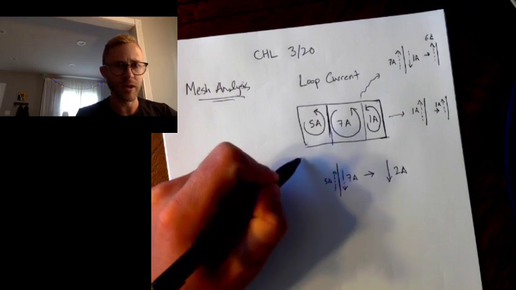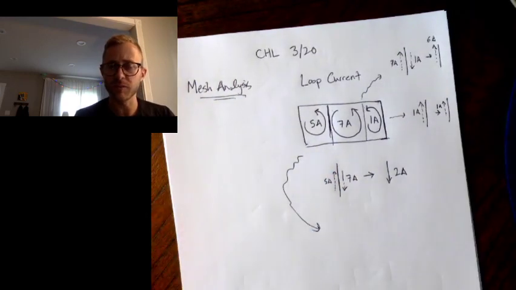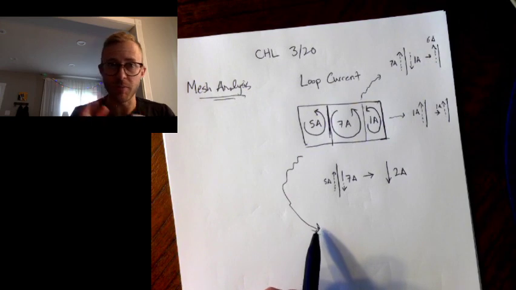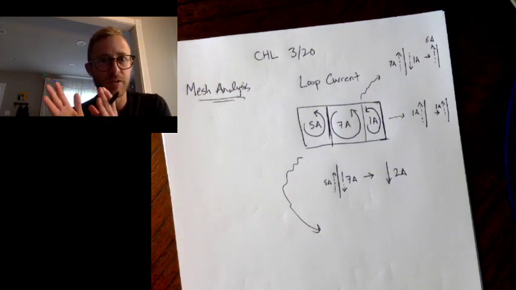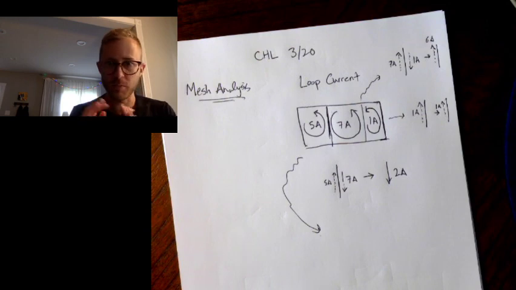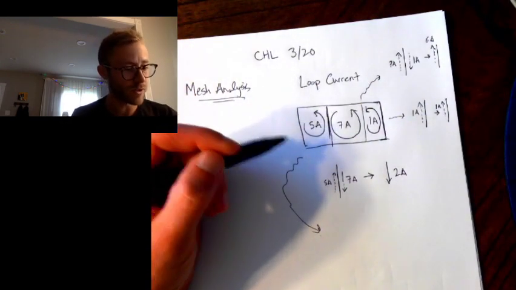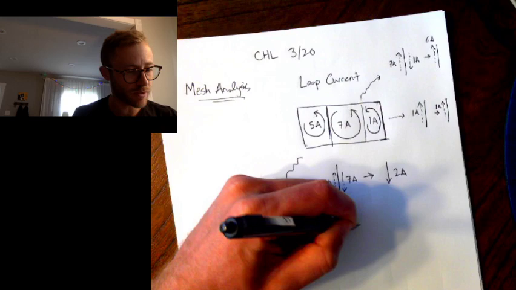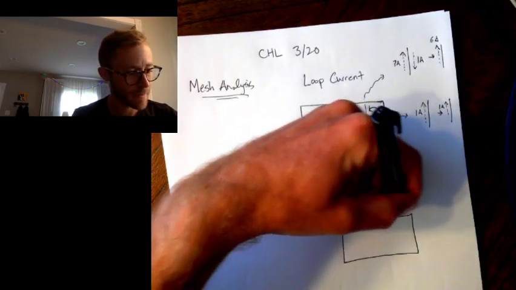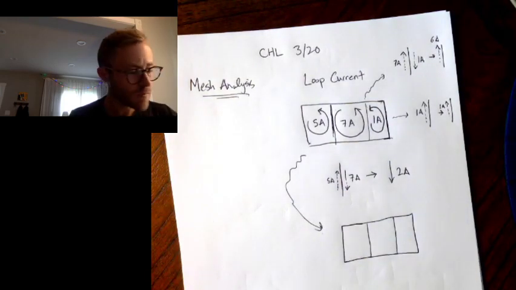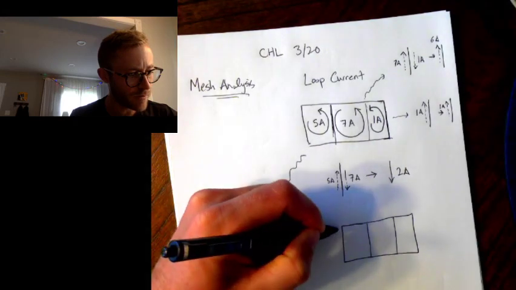Anyways, what I could do if I wanted to draw this circuit in terms of the actual currents. Remember, the loop current is not the actual current that is flowing. But if you wanted to write it in terms of the actual currents, it would look something like this. This would have 5 amps.